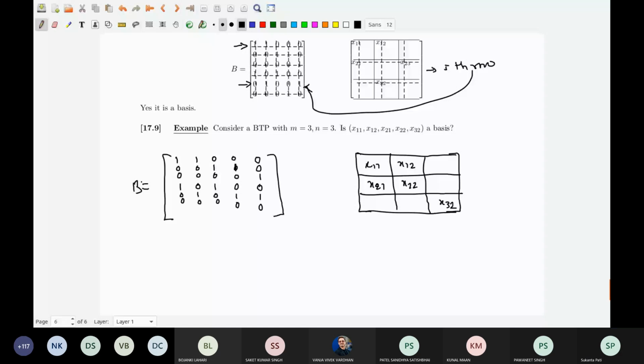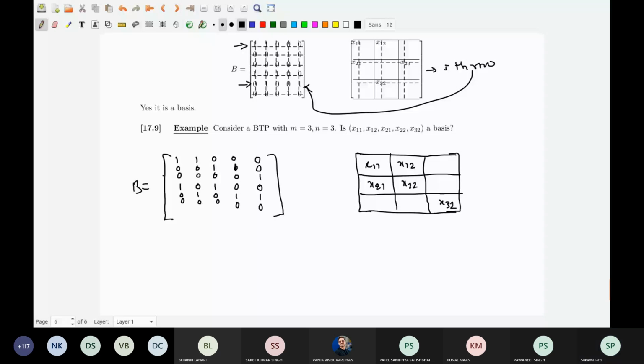You should find a row that has exactly one 1. Can I find one? Yes, there is a third row which has exactly one 1. If you find that, strike out that row and strike out that column.